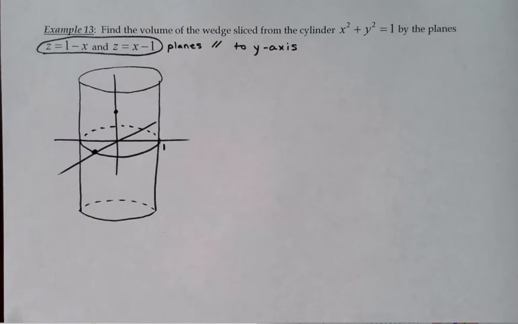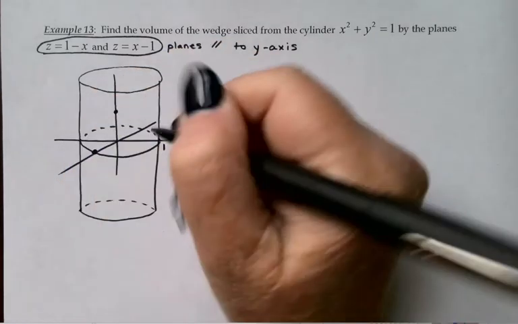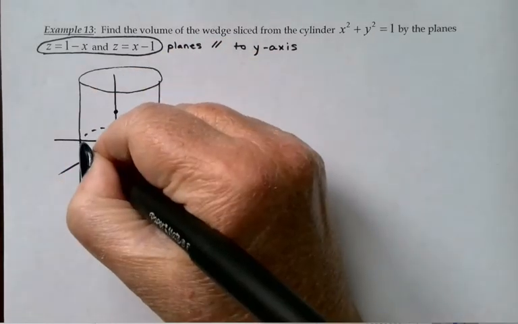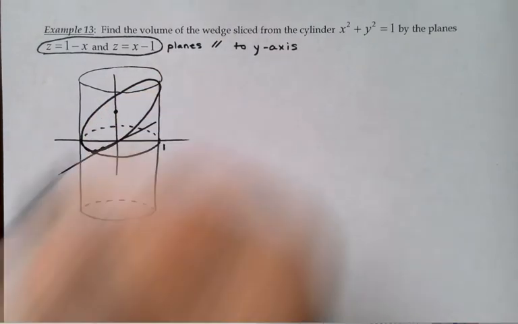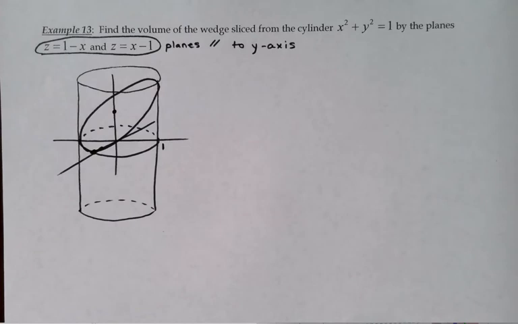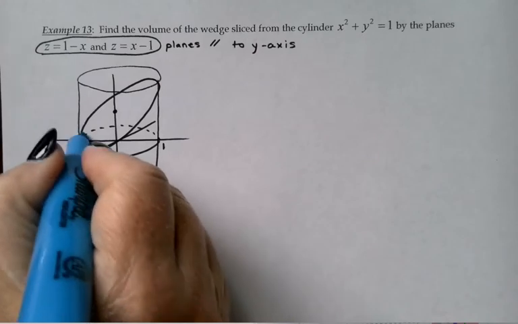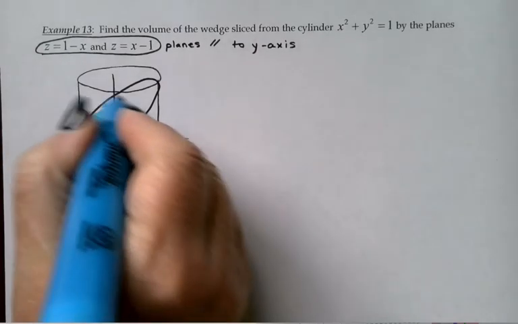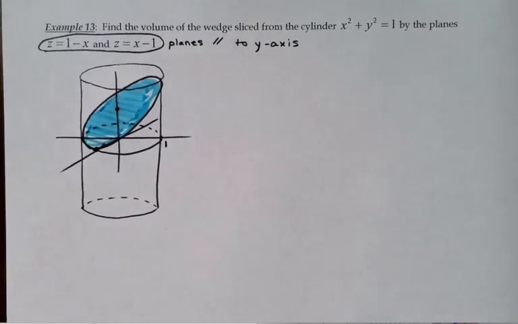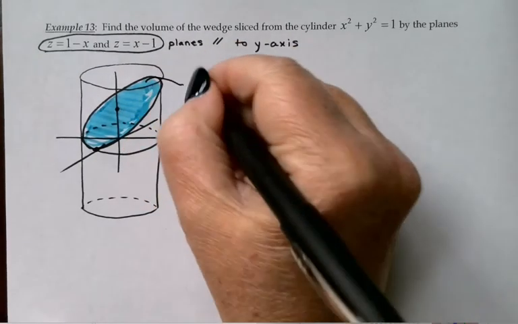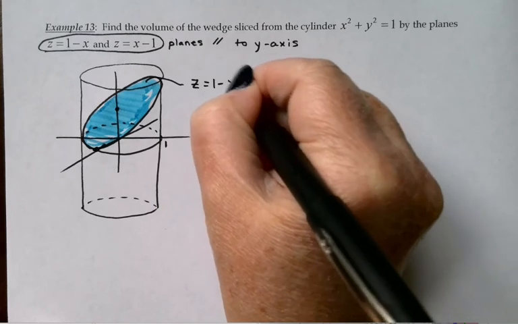I'm going to end up then with kind of an elongated circle, really an ellipse, like so, forming the top of my shape. So that's my z equals 1 minus x.